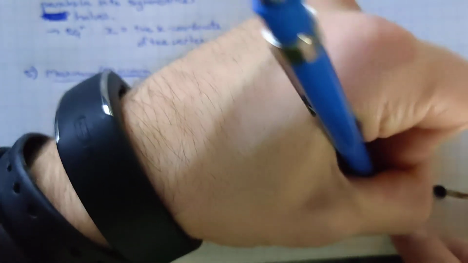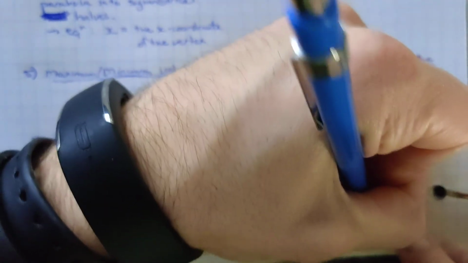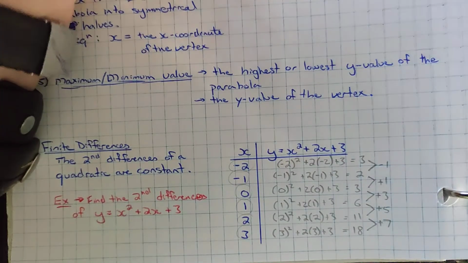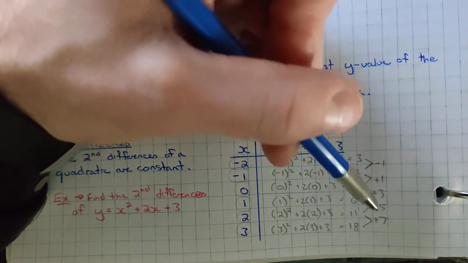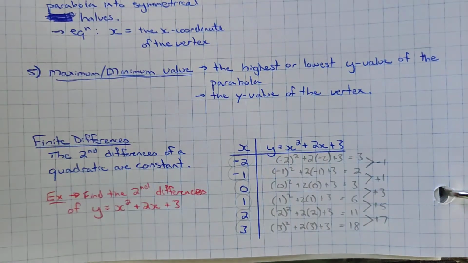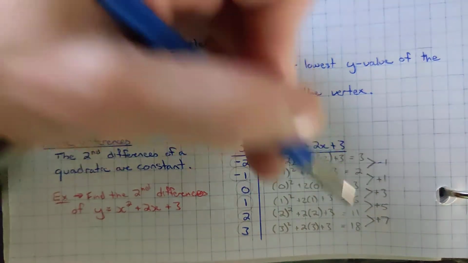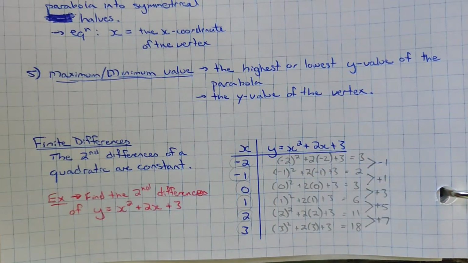From 6 to 11 is a +5. And then from 11 to 18 is a +7. So we get -1, 1, 3, 5, and 7. That there is our first differences. We took the difference of the y values. And they're all different, which means it's not linear.